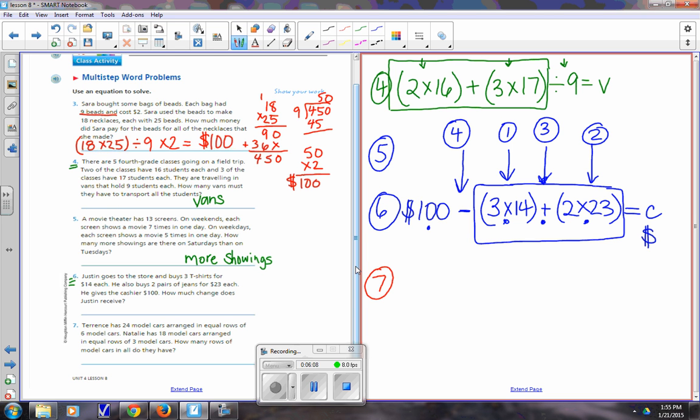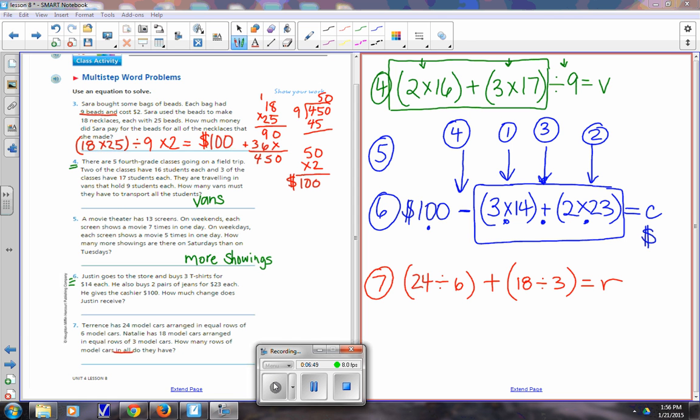So you have 24 model cars in equal rows of 6 model cars. So you have 24 cars in equal rows of 6. So there's 6 in each row. How many rows are there? Well, we have to figure that out. So 24 divided by 6, and it wants to know in all. So I'm going to add that to what Natalie has, which is Natalie has 18 model cars broken into 3 cars in each row.